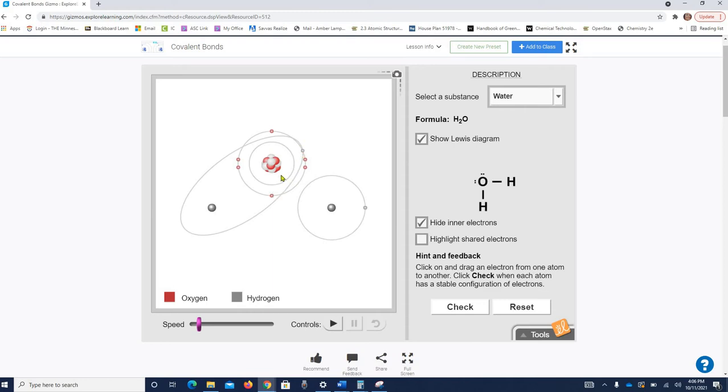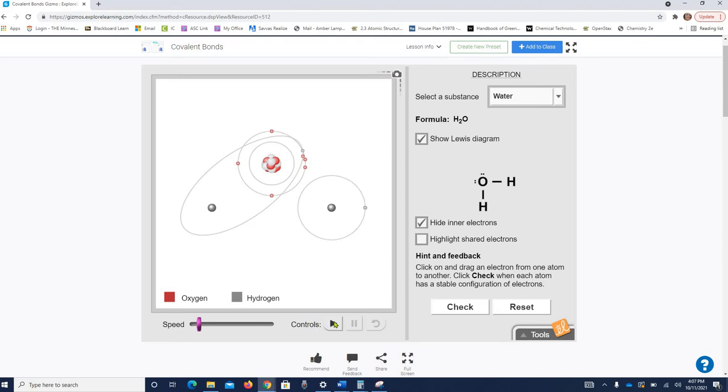Remember, you have to have a shared pair. Since hydrogen has only one electron it can share, that means the other electron has to come from oxygen because we can't share it with anything else. So if I share it with my hydrogen here, you'll notice it moved over by the other hydrogen electron, and that's because electrons like to move in what we call pairs. So that creates that covalent bond between hydrogen and oxygen.